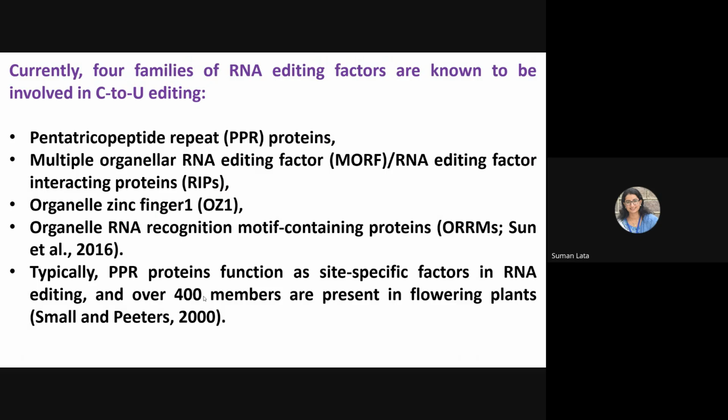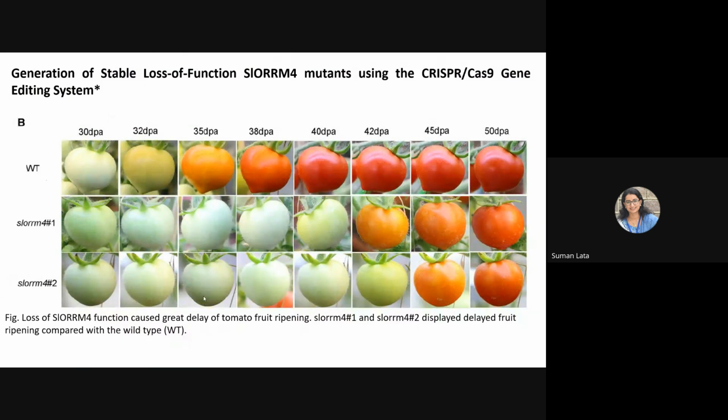Like base editing, here the RNA editing factors can be targeted. So this is an example of the loss of the SLO RRM4 mutants using the CRISPR-Cas9 gene editing systems.